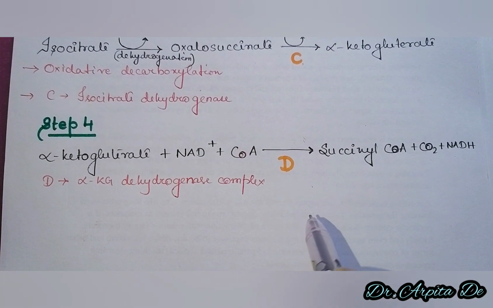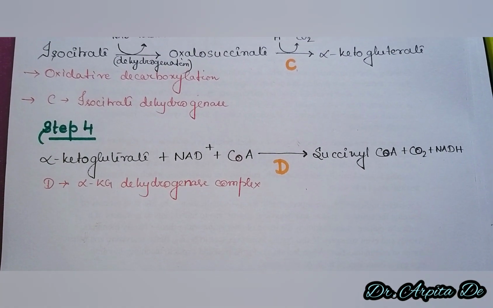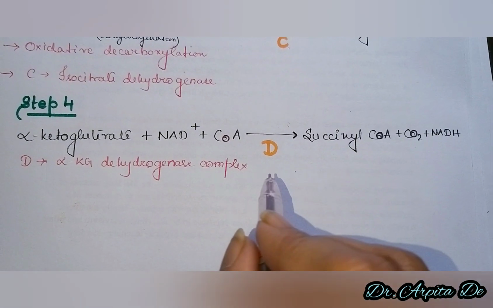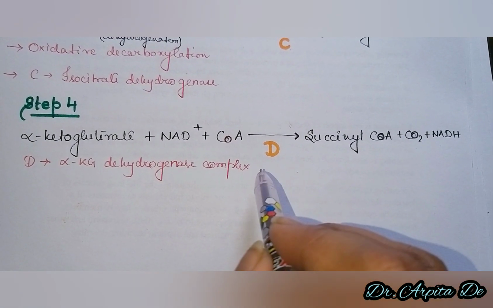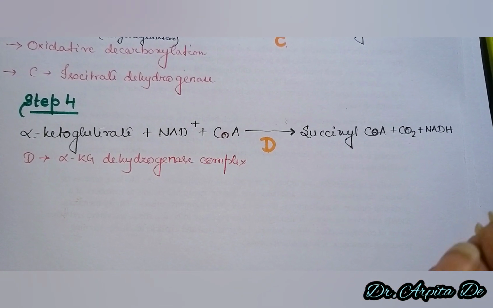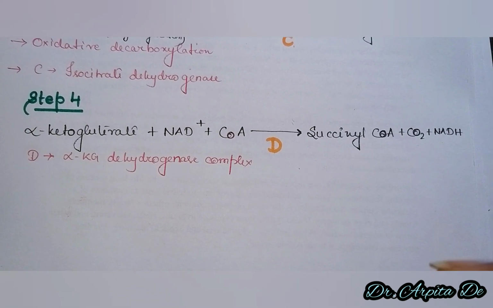Keep in mind that this alpha ketoglutarate dehydrogenase complex is inhibited by succinyl-CoA and NADH. These are very important small points which are often overlooked, but they are really very significant and you must know these.